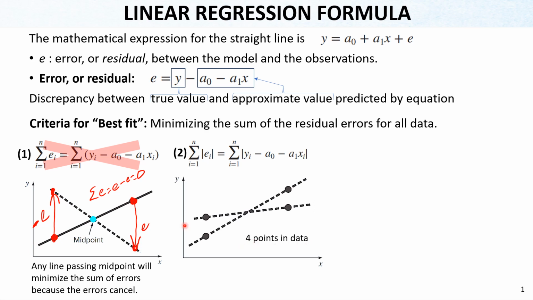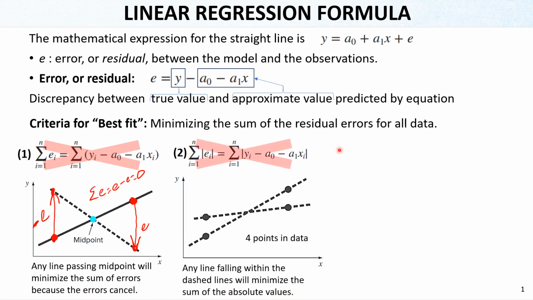There are many minimized curves, especially you can see that the connection of these two and the lines in between can also be minimizing the sum of the residual errors. And this is especially a case for 4 points in data. That's why any line falling within the dashed lines will minimize the sum of the absolute values, and therefore this is not usable either.